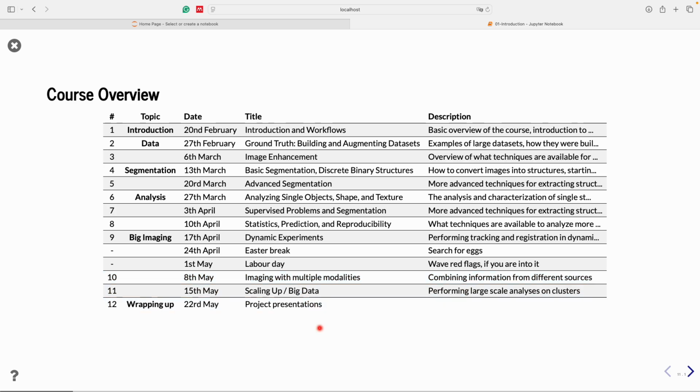The last lecture is scaling up and going towards big data approaches, how to work with larger data sets. And then there is the wrap up and project presentation to the end. So this is how it's going to work.